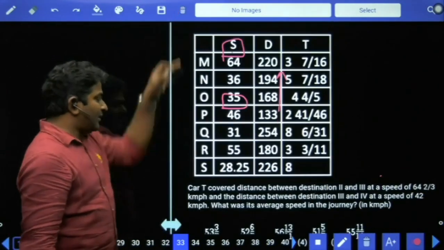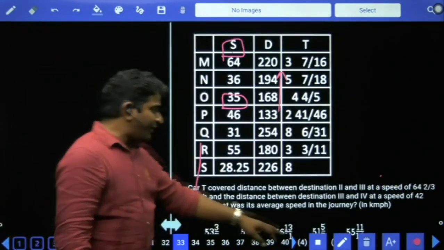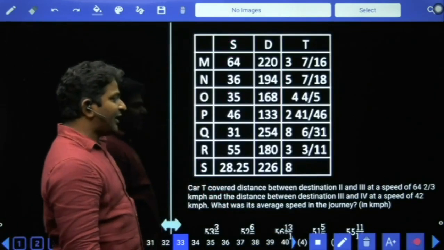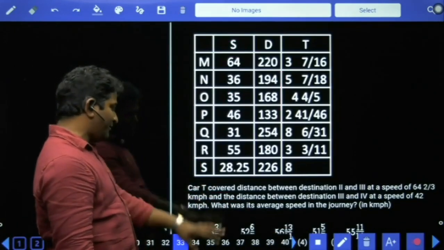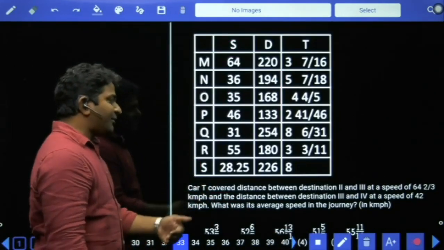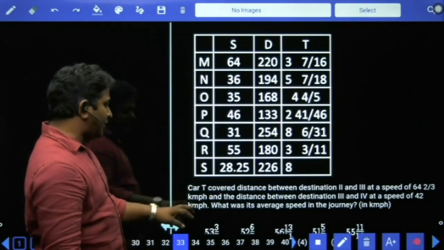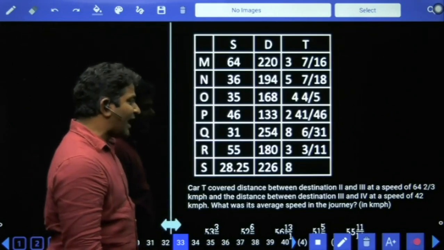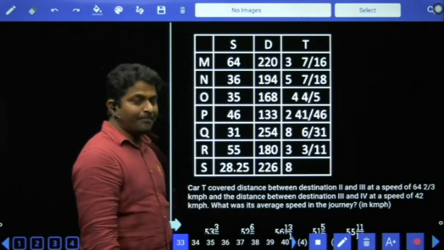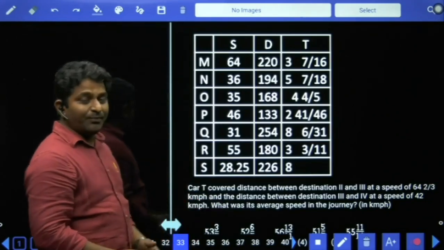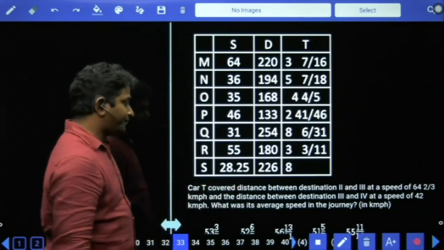Car T covered distance between destination 2, 3 at a speed of 64 2 by 3 km per hour, and the distance between destination 3, 4 at a speed of 42 km per hour. What was its average speed in the journey? Average speed in the sense total distance by total time.